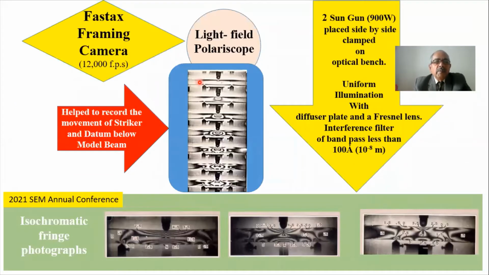In the case of dynamic photoelasticity, a framing camera named Fastax was used, operating at 12,000 frames per second.